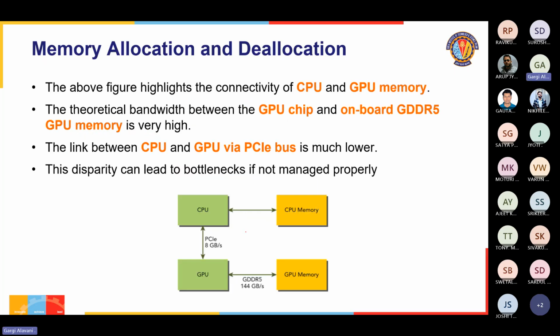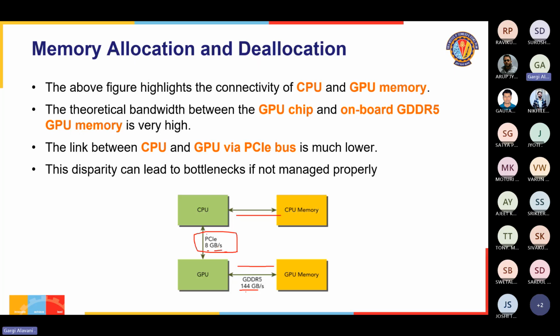Here you can see that your CPU is connected to your CPU memory, and the GPU is connected to your GPU memory. What do you think is the bottleneck in this image? It is the PCI transfer. PCI transfer is 8 GB per second, whereas GPU to global memory is 144 GB per second. So it takes a significant amount of time to move any data from your CPU to your GPU.